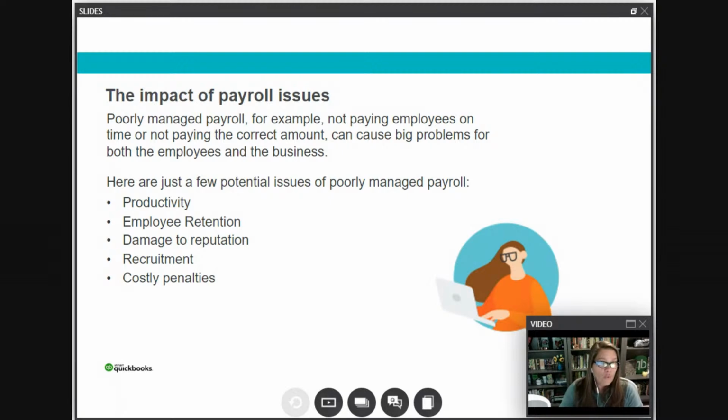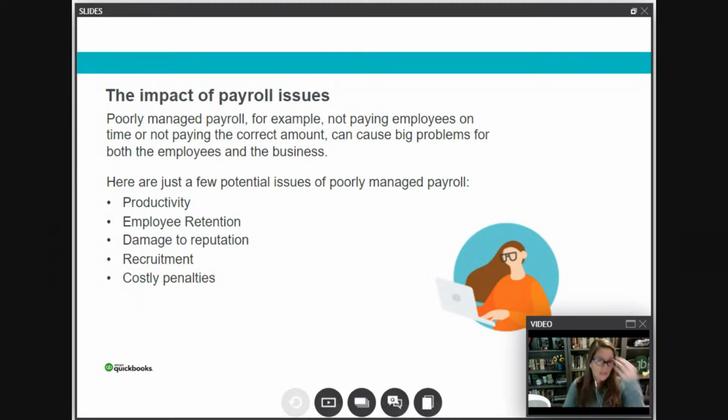And then recruitment, it's going to be really difficult to recruit. Again, that damage to reputation is going to directly affect how effective the company is going to be at getting new employees. And then also, I think the biggest thing, and the one that's most important to most companies, is it can cost them a lot of money.